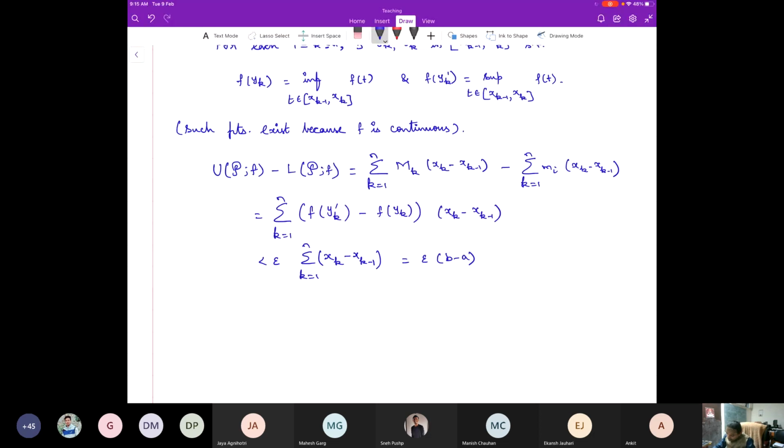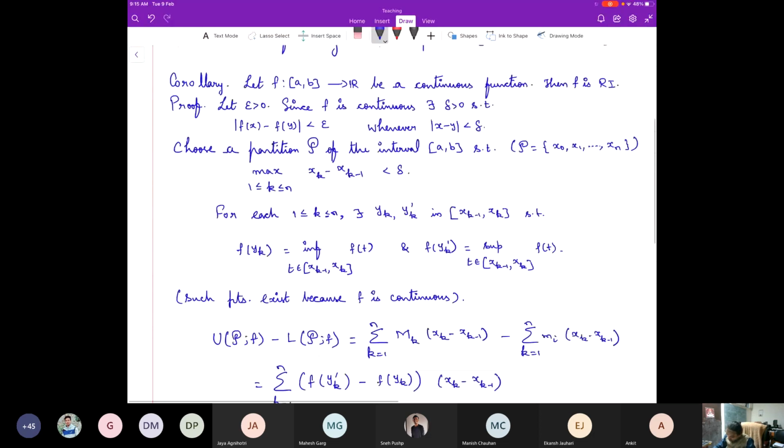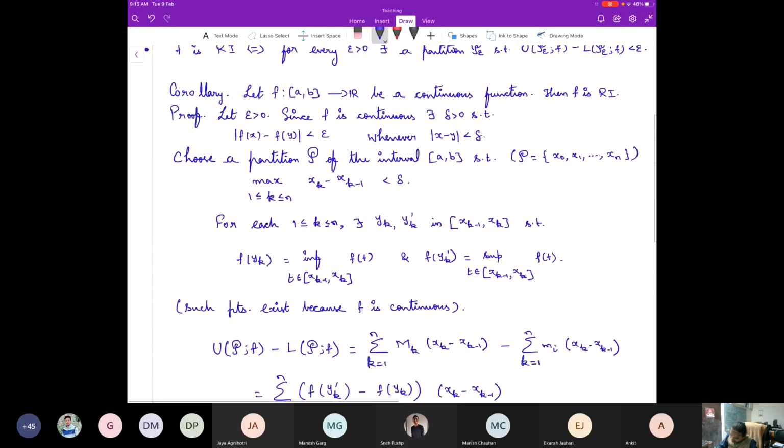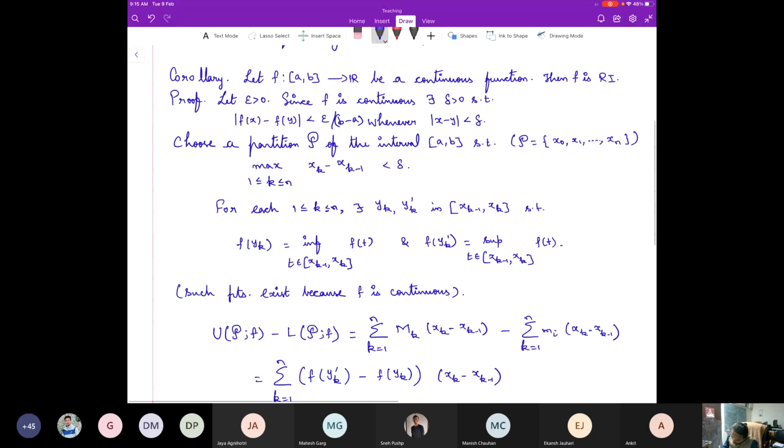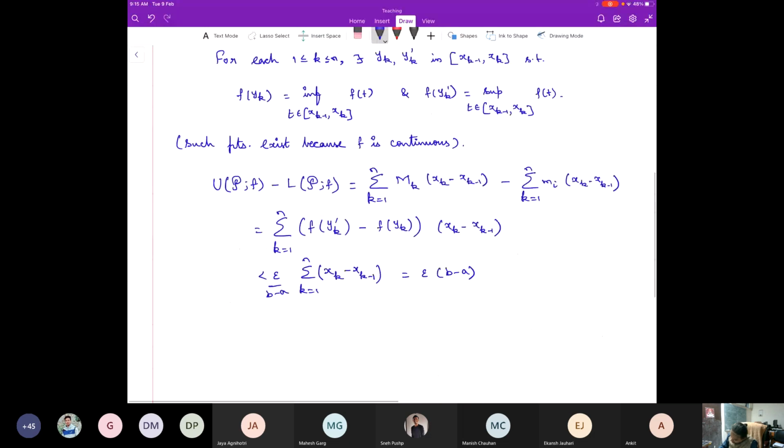So what we are going to do, to avoid this b minus a, is divide by b minus a, so that you will have b minus a upon b minus a, which will give you epsilon. That's it.